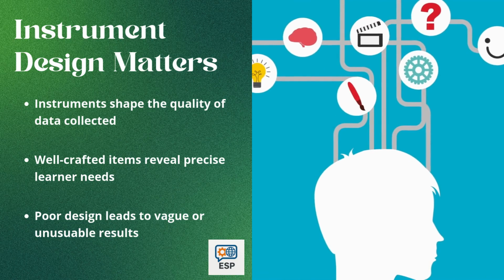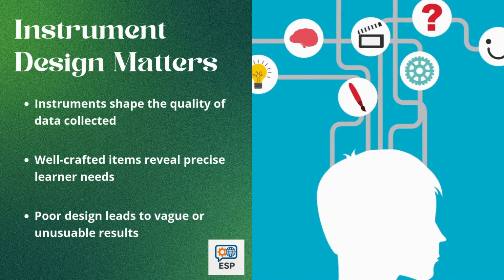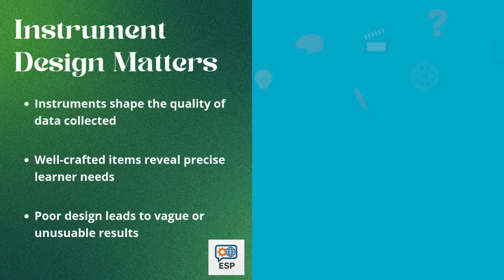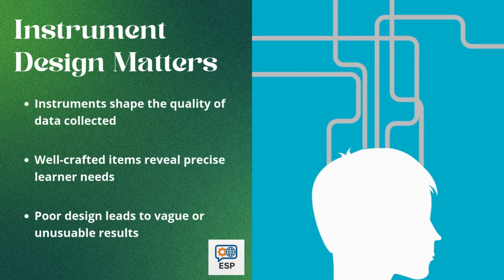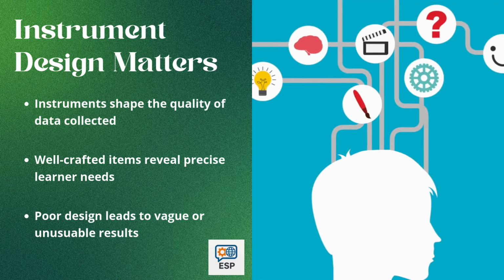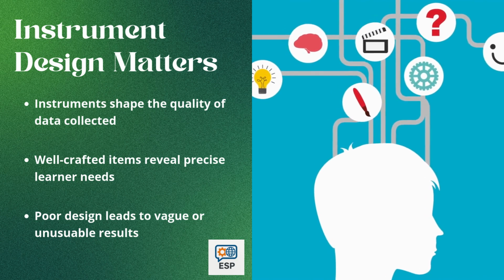That's what it means that poor design leads to vague or unusable results, because you need to think about the whole process, not just write the question and then see what happens. I'm writing the questions because these are the sort of forms, not the exact or specific words, but the form of the answer.